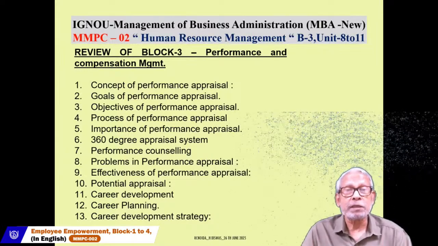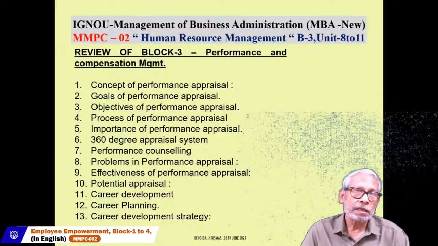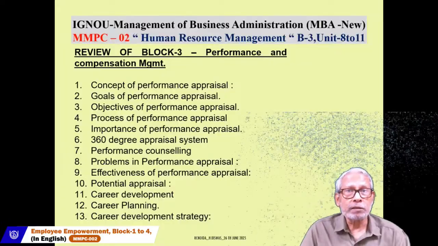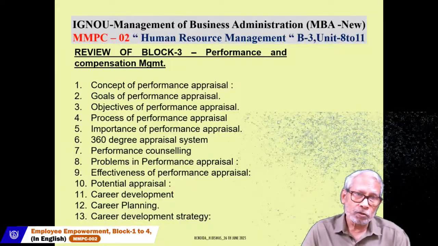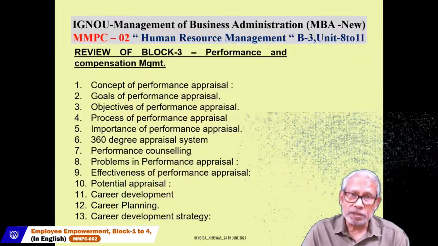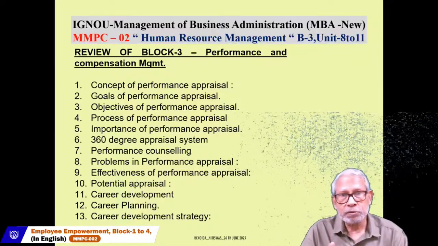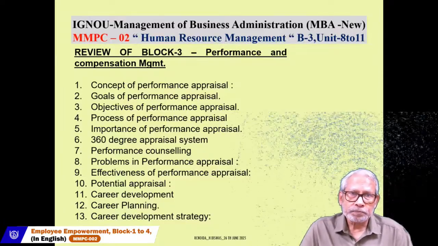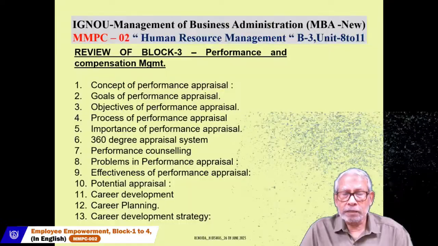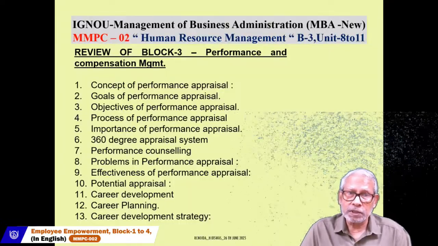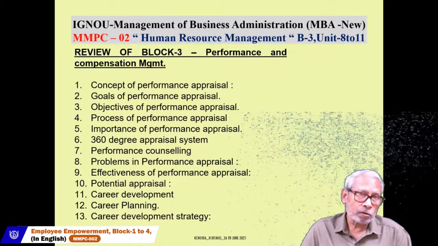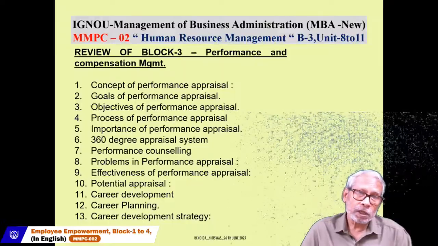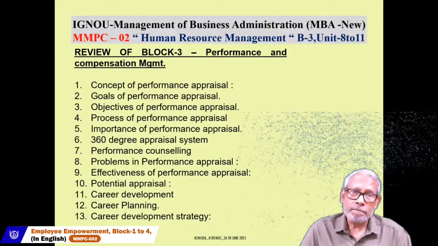Everything is reflected in the appraisal system. The appraisal system is just like a mirror of the employee, showing where he is now and how best he can do in future also. So the goal of performance appraisal, the objectives of performance appraisal, and the process of performance appraisal are all part of this. And the 360-degree appraisal system, then MBO, management by objectives, is also important.